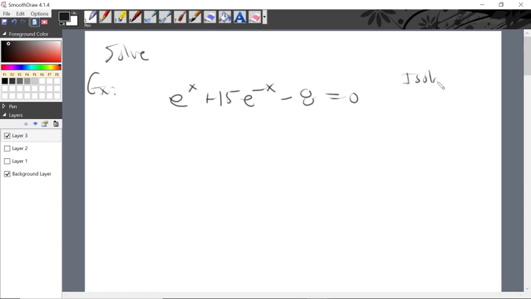In general, the strategy is to isolate the exponential term. But we have more than one exponential term here. And we can't combine exponential terms the way we can combine logarithms. Okay. So what else can we do? And we should take a look to see if there's some other strategy that we can apply.